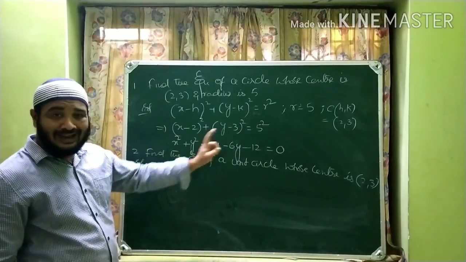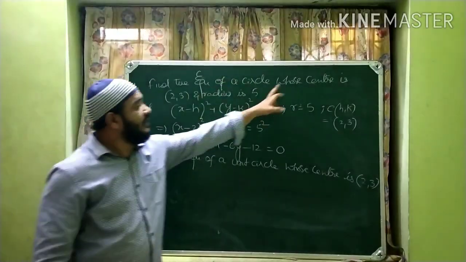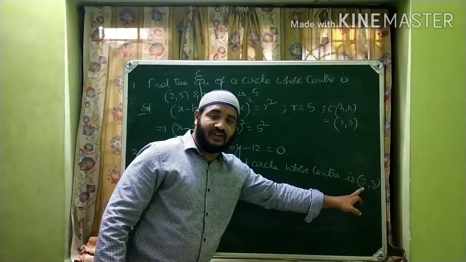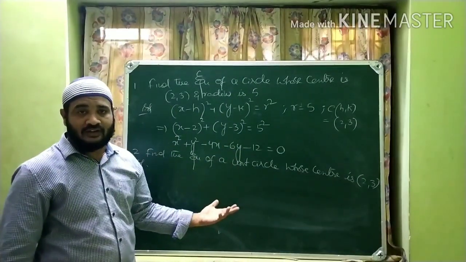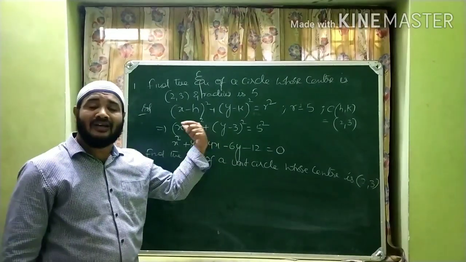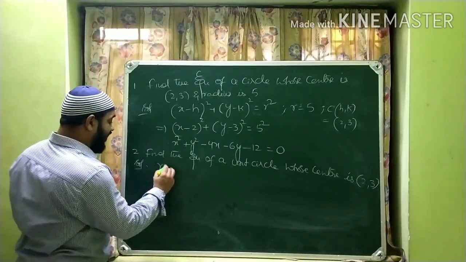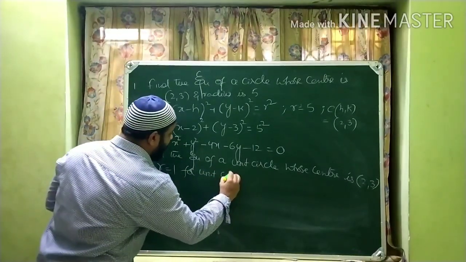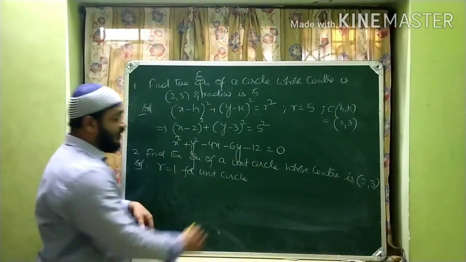Unlike the first example, where center and radius were both given, here only the center is given, but the radius is not given. But we know that for a unit circle, what is the radius? Yes, the radius is equal to 1 for a unit circle. So r equals 1 is given.